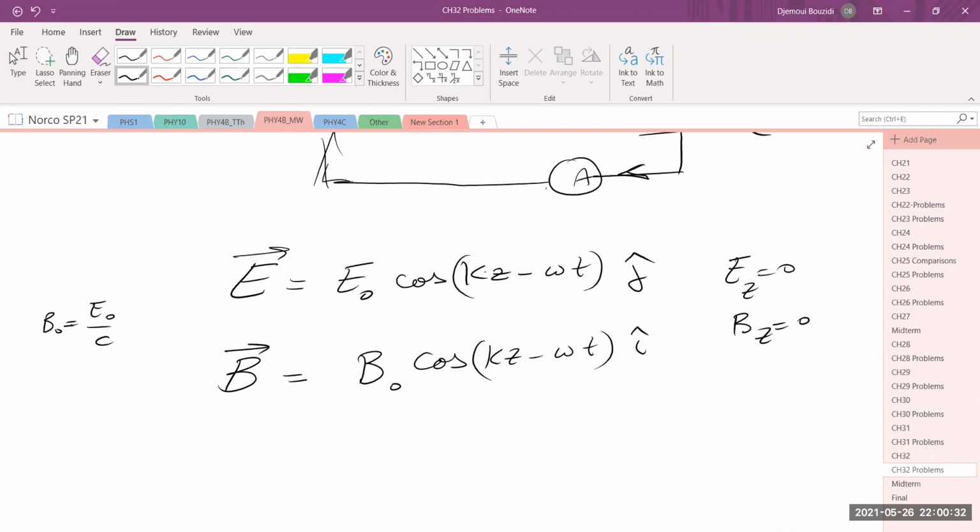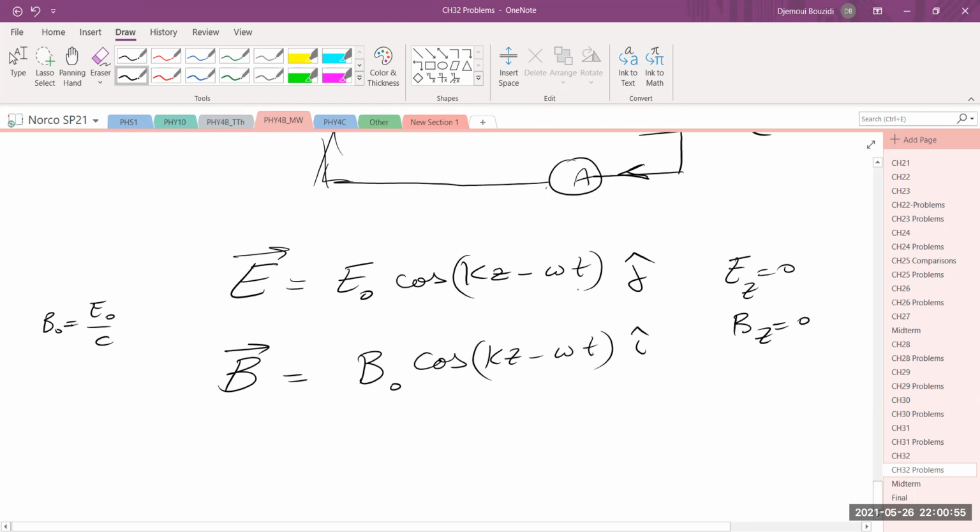Now, they polarize this beam so that the electric field is along the Y direction. If the electric field is along the Y direction, then the magnetic field must be perpendicular to it, and it has to be along the X direction. Because it cannot have a Z component because it's traveling in the Z direction, and it cannot have a Y component because the electric field is in the Y direction.